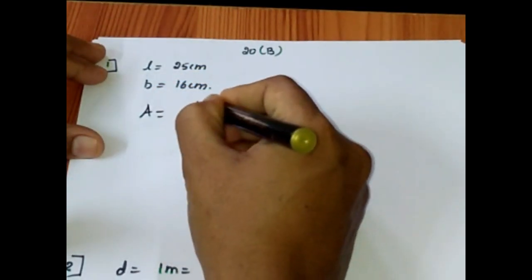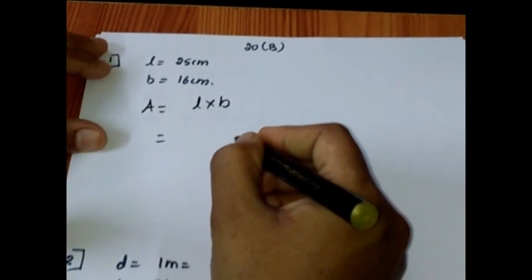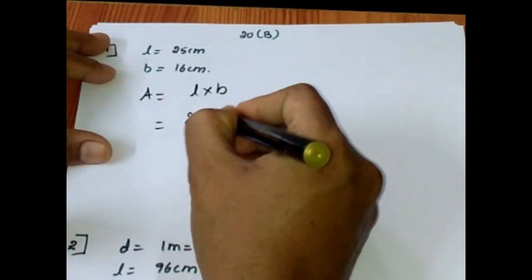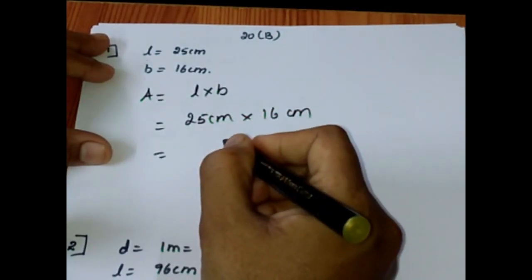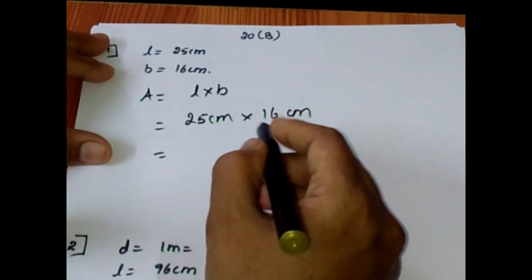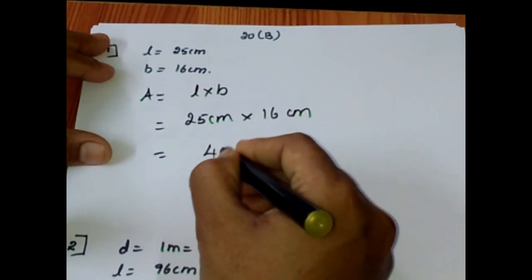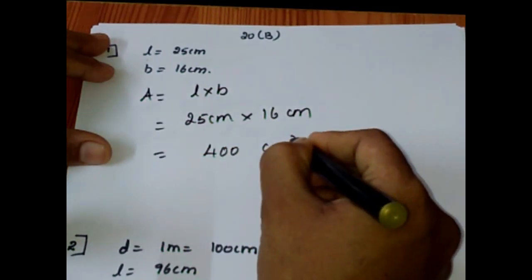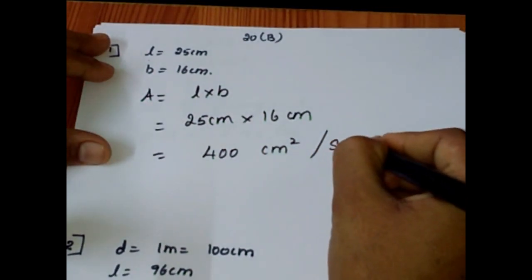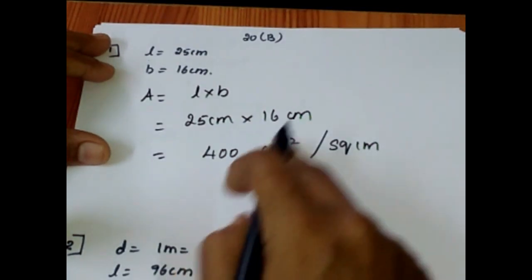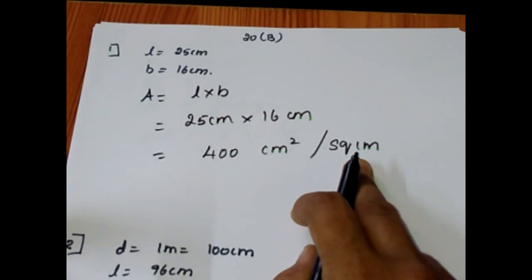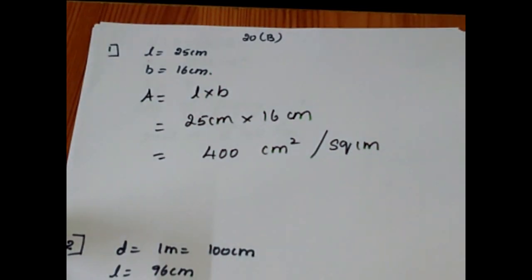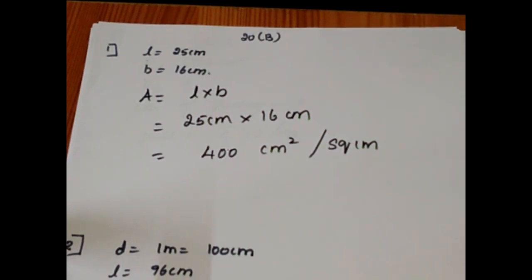Area can be calculated using the formula length into breadth, that is 25 centimeter into 16 centimeter. So multiply 25 into 16, that leads to 400 square centimeter. It can be expressed in these two ways: centimeter to the power 2, or you can say square centimeter. Second problem: it is given with a diagonal and the units of measurement are not the same.